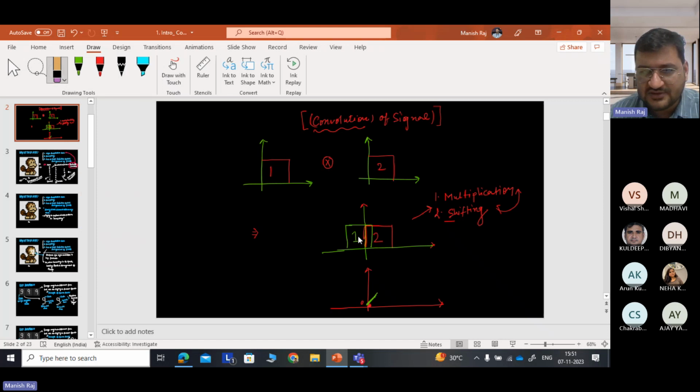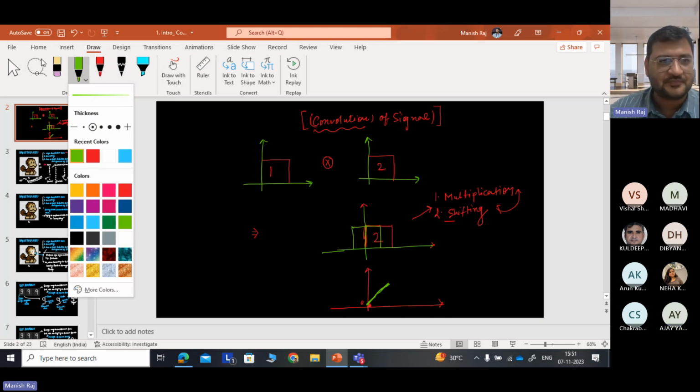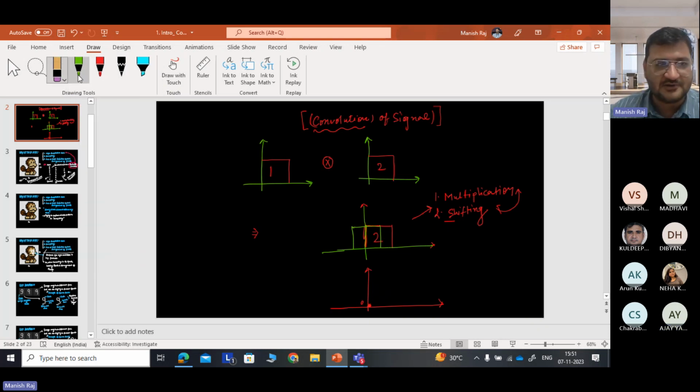Somehow this one will come to this position, in the middle. So what will happen? Some more output, because this part is multiplying. Again, more part is multiplying, which means the output will be more. Yes or no? Okay, I will make this a little slanted because I have less space.